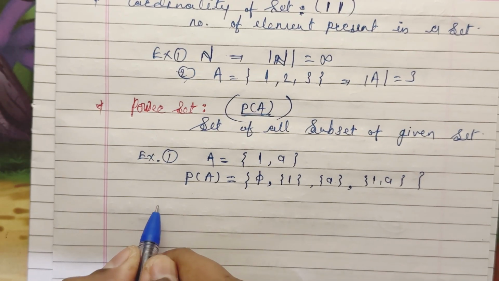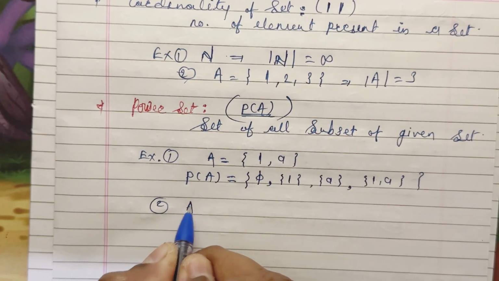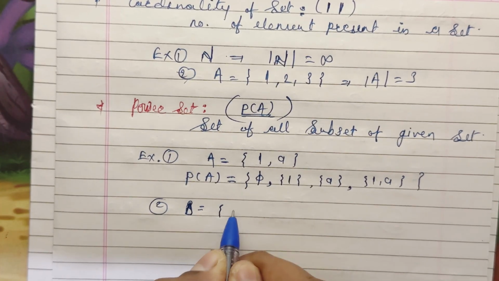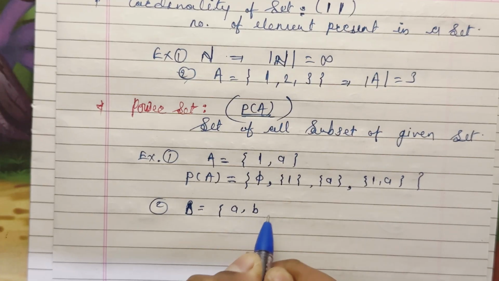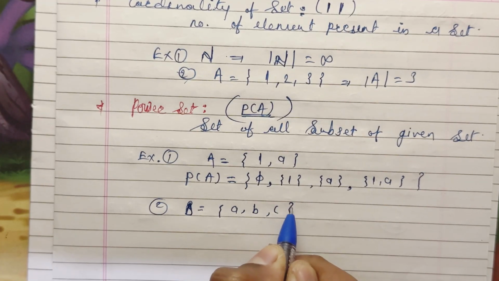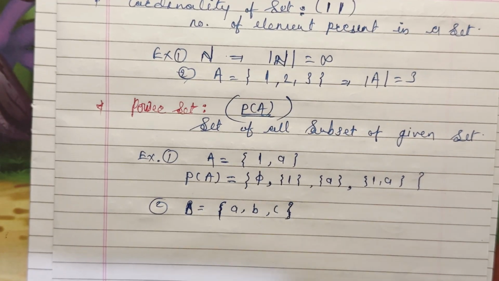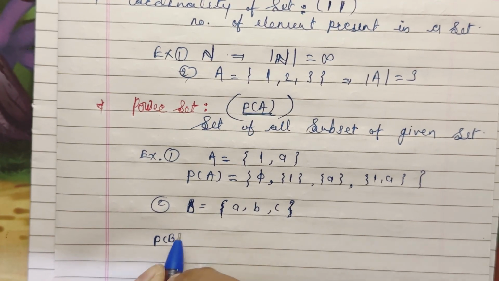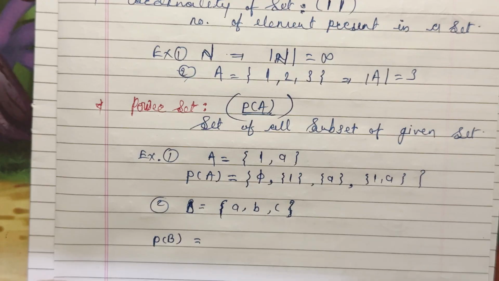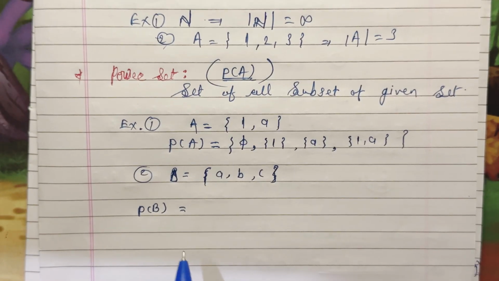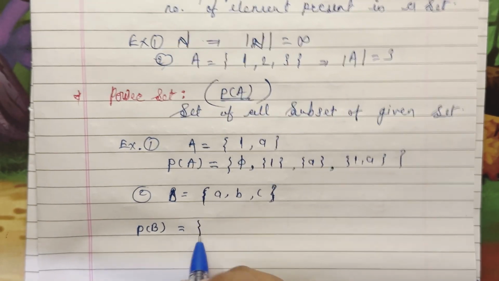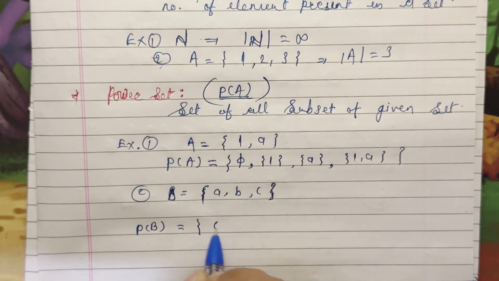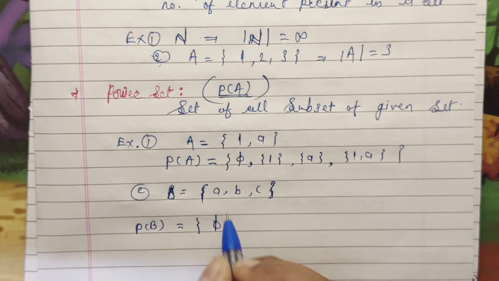If we take three elements, for example, if I consider set B as {a, b, c} under curly braces, what is the power set of B? The power set of B is denoted as P(B). I want the set of all subsets of that set. So here phi can be considered as its subset.